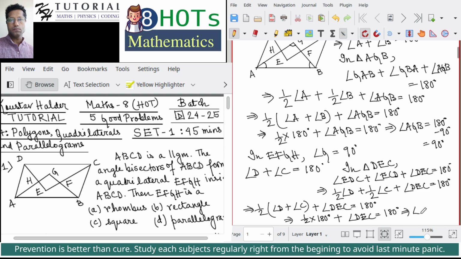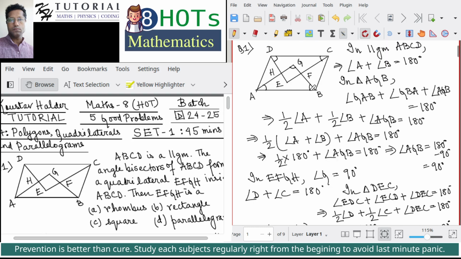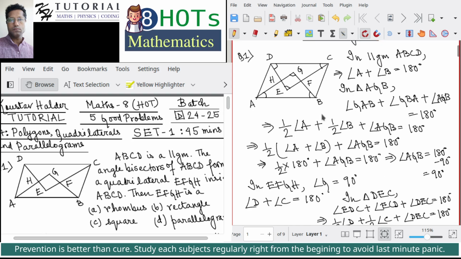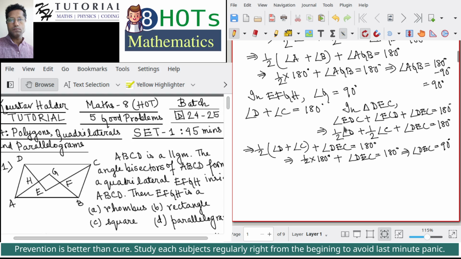From here we clearly get that angle DEC is also equal to 90 degrees. So what is angle DEC? Angle DEC is this angle, that is angle E of the quadrilateral EFGH.